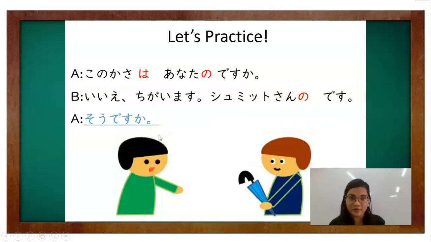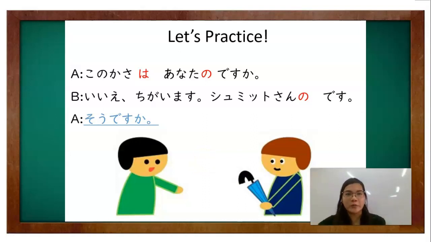Now let's switch roles. You will be A and I will be B. 3, 2, 1, go. そうですか? That is how you use the expression sou desu ka.